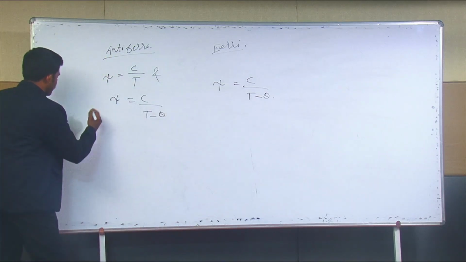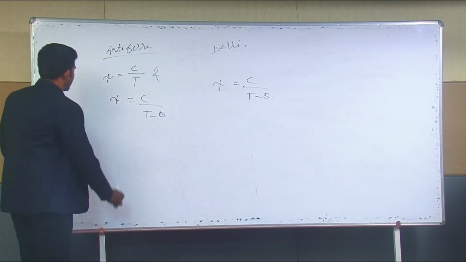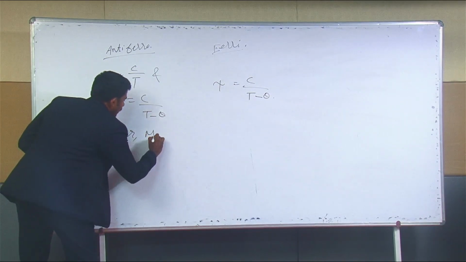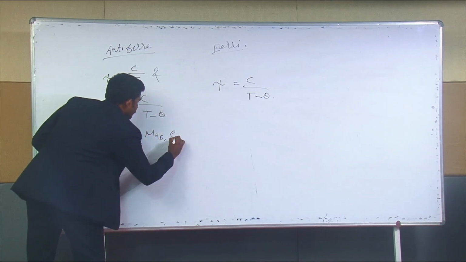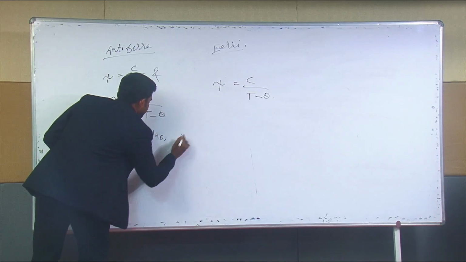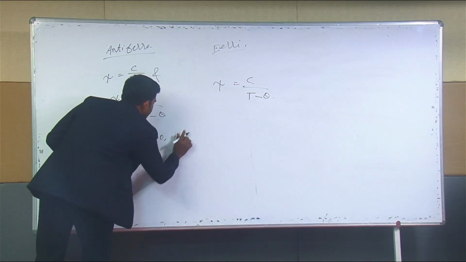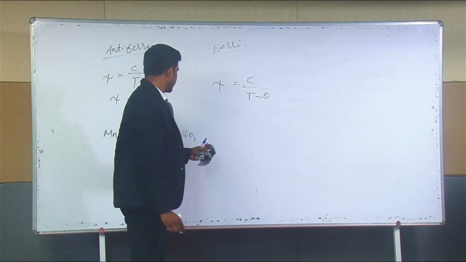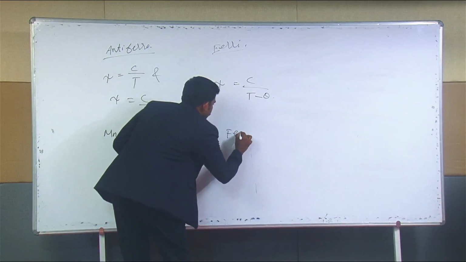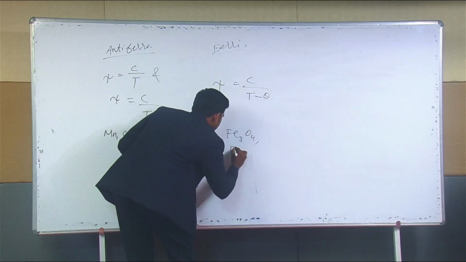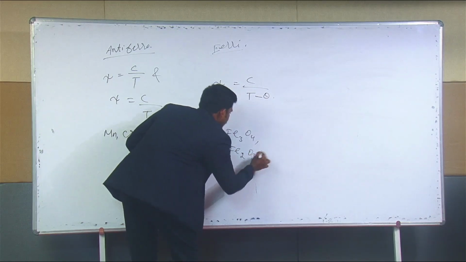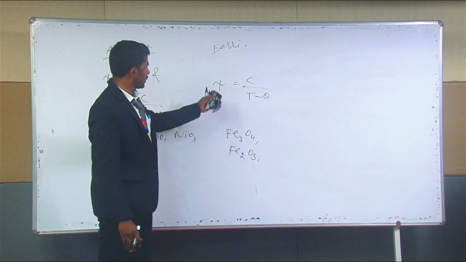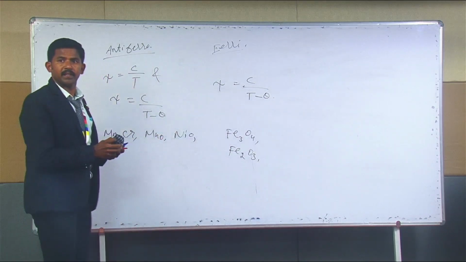For example, antiferromagnetic materials are MnO, nickel oxide, etc. Whereas in the case of ferrimagnetic, Fe3O4, Fe2O3, ferrites and garnets are all examples.